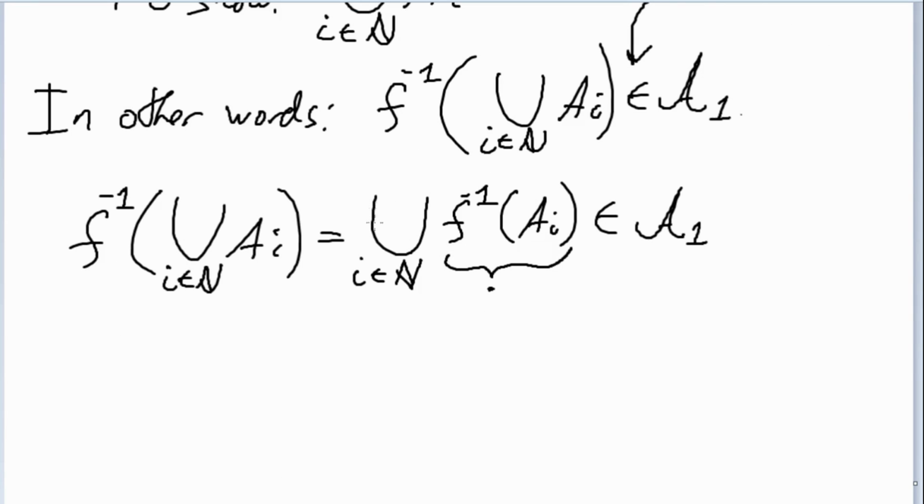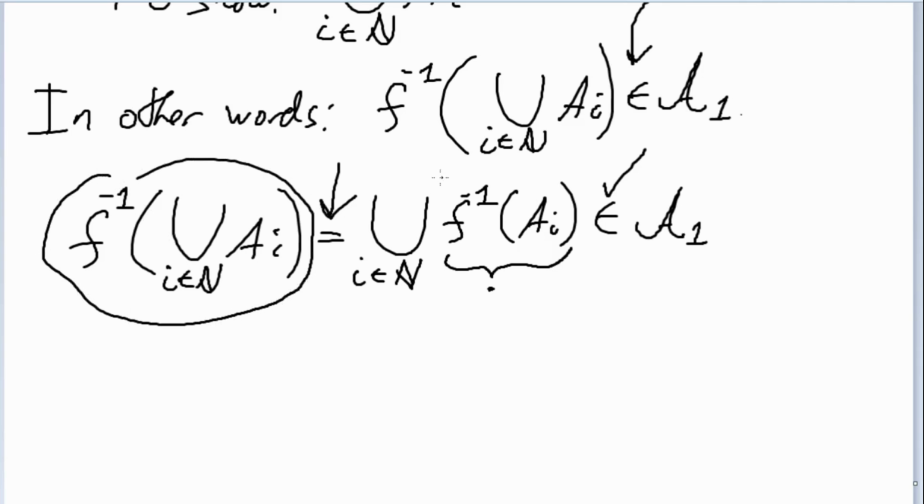And then we have a countable union of them. So since A1 itself is a sigma algebra, then the countable union of these elements must also be in A1. So this is indeed the case. So the last thing we really need to show is this here. Is this really the case that these two sets here are equal?